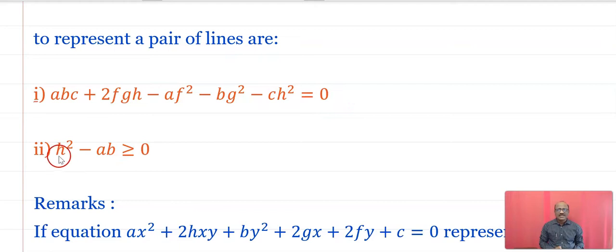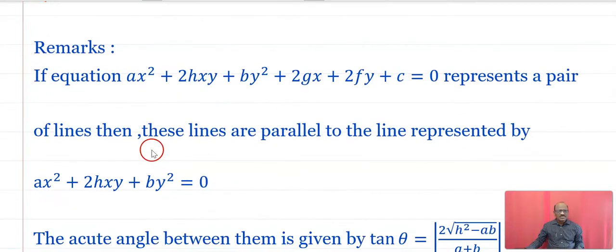And the second is h square minus ab is greater than or equal to 0. Now the remark. If the equation ax square plus 2hxy plus by square plus 2gx plus 2fy plus c is equal to 0 represents a pair of lines, then these lines are parallel to the lines represented by ax square plus 2hxy plus by square is equal to 0.